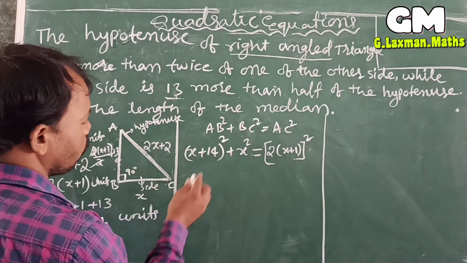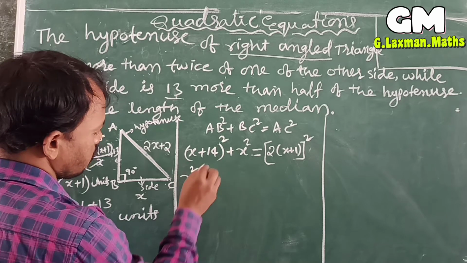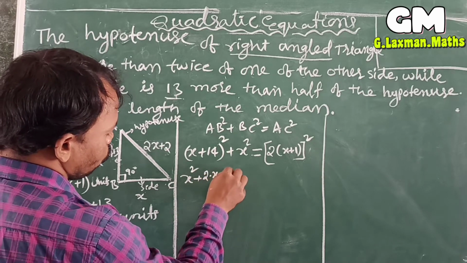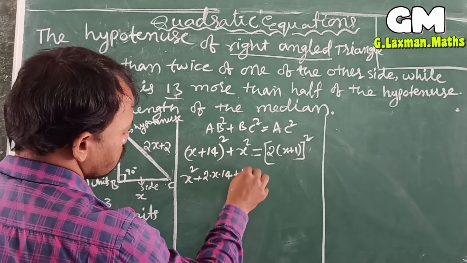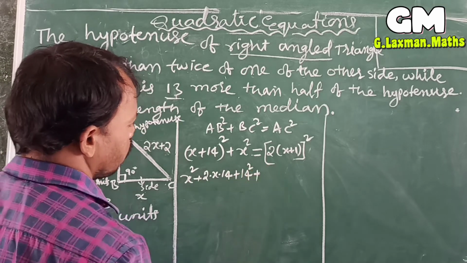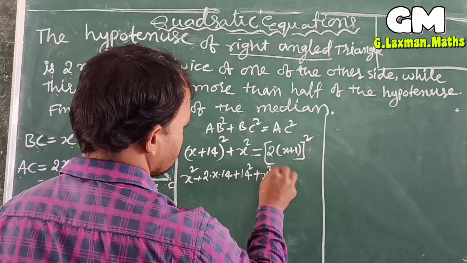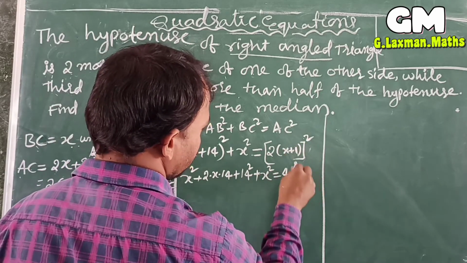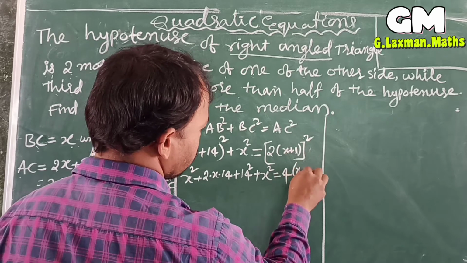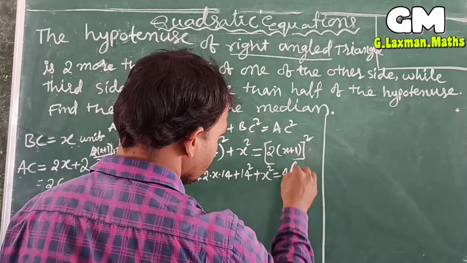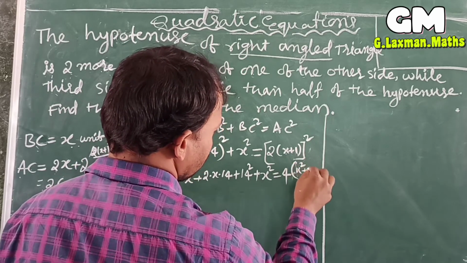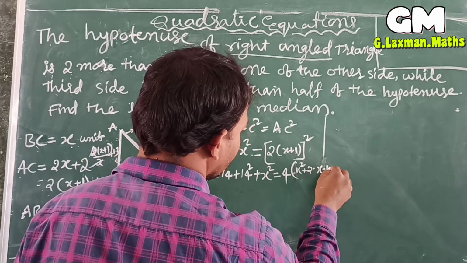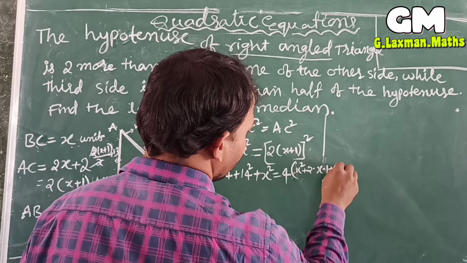Using the (a plus b) whole square formula, everybody can know that x square plus 2 into x into 14 plus 14 square, plus x square, is equal to 2 to the power 2, which is 4, times x plus 1 whole square, that is x square plus 2 into x into 1 plus 1 square.